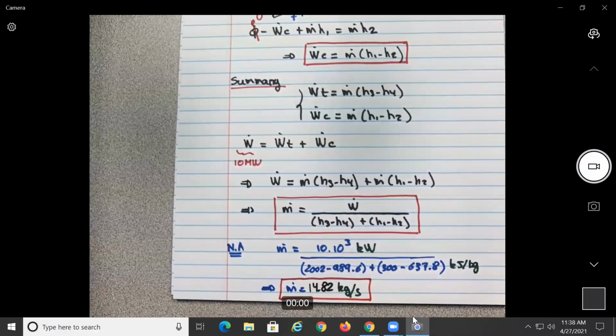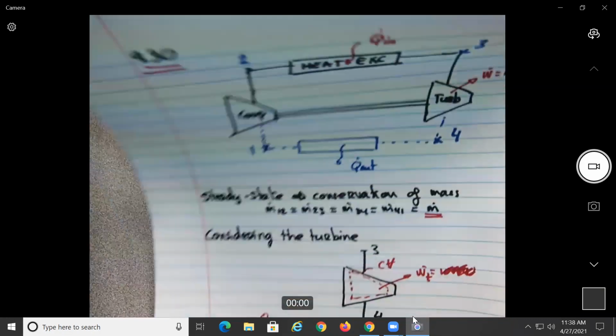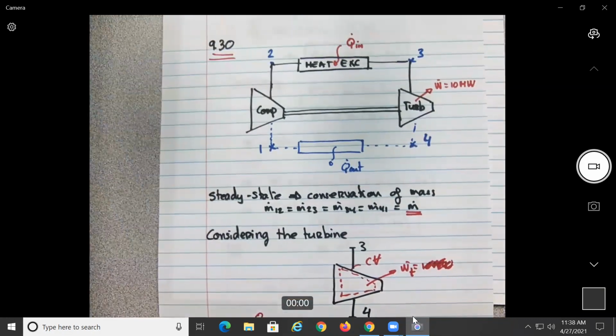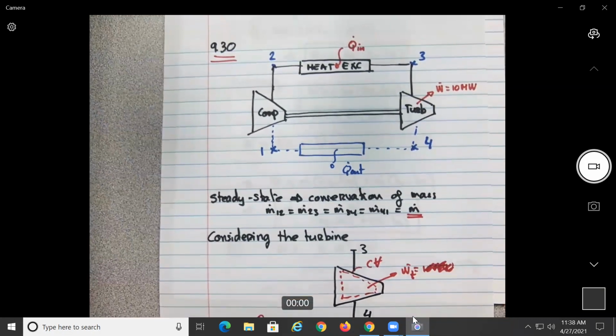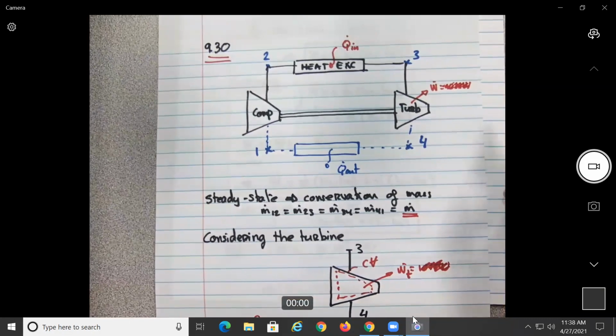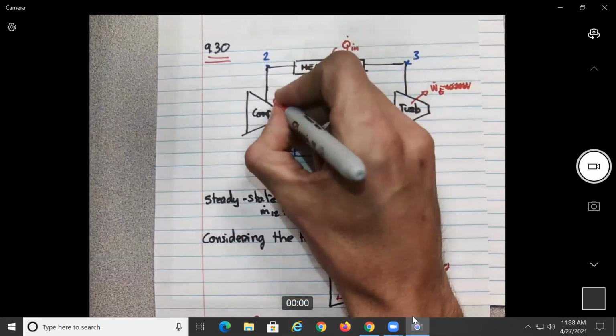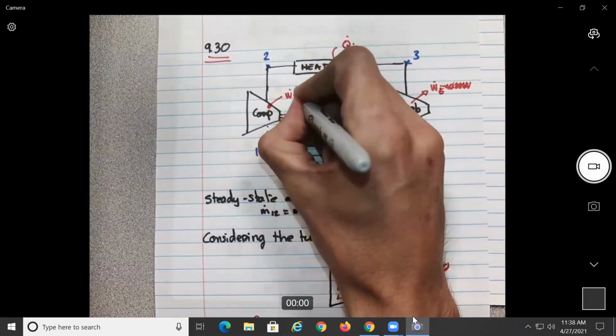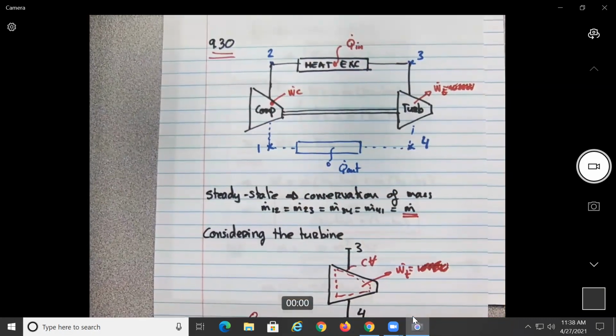Okay. So you saw my mistake, again, I reiterate, is because I did the wrong free body diagram, no? So really on this figure, this is not 10 megawatts. So this is turbine, compressor. So you see that if you do a wrong figure at the beginning, it's going to lead you to a wrong result, no?